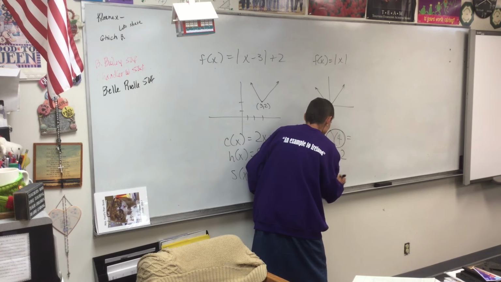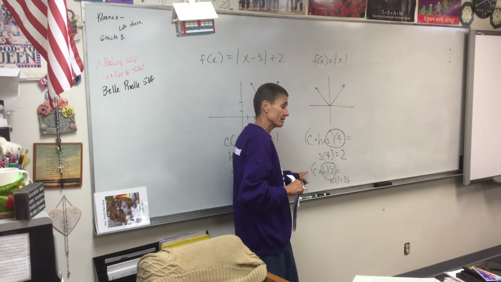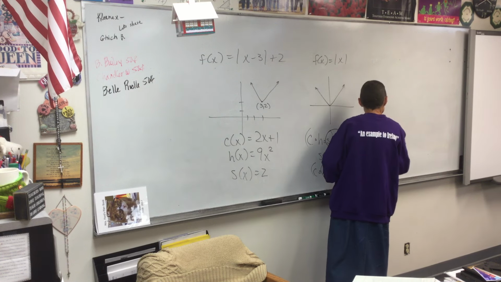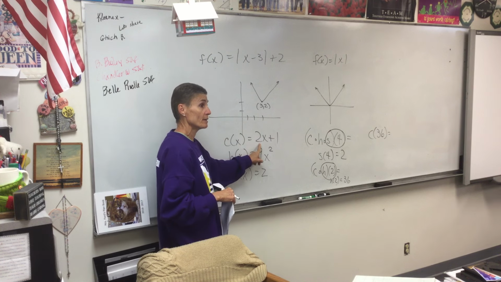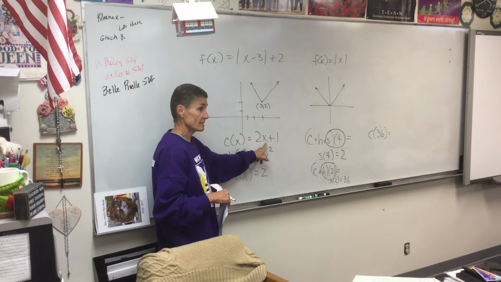So H of 2 is 36. So now what are we finding? C of 36. And C of 36 will be 2 times 36 plus 1.